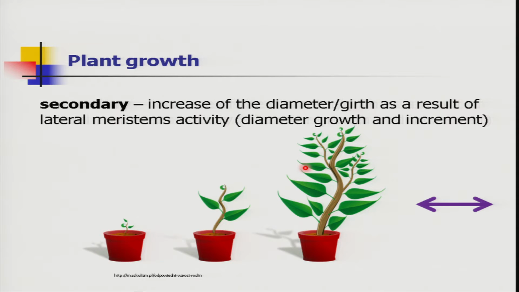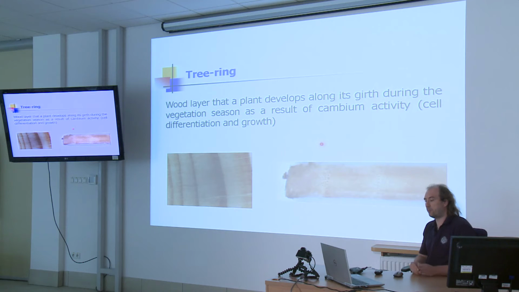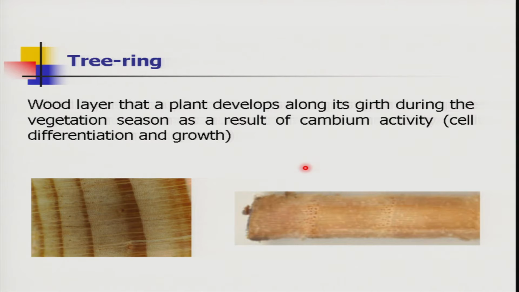The product, especially of secondary growth, is a tree ring. A tree ring is a layer of wood that is produced every vegetation season and appears around the plant. Along its girth, new rows of wood cells appear, constituting something we call a tree ring.